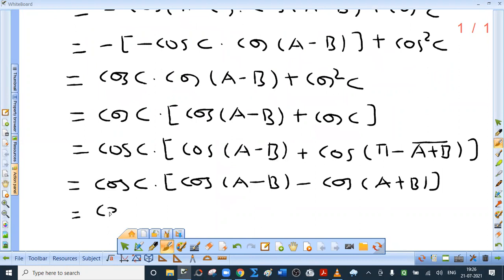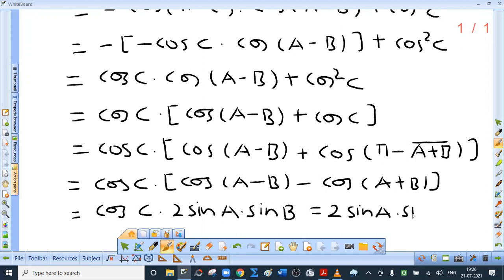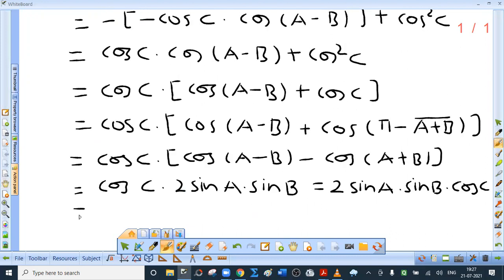Or if you have an eye on the right hand side, you will come to know that what is required, 2 sin A sin B. Yes, this is 2 sin A sin B only, because 2 sin A sin B is cos of A minus B minus cos of A plus B. So this is what? 2 sin A sin B cos C. I've just rearranged the terms. This is nothing but right hand side. So that's it for today.